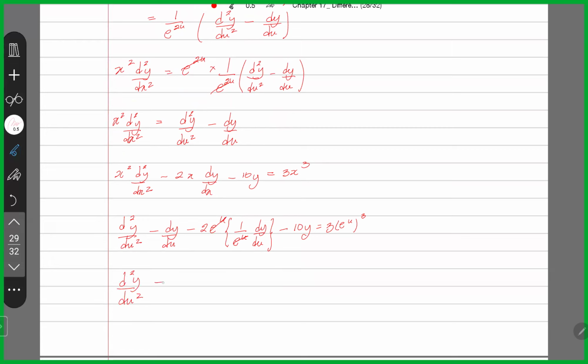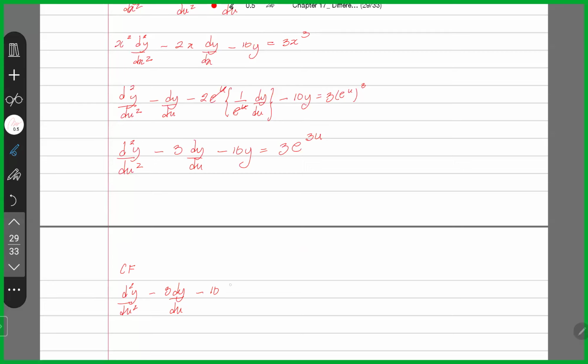All right, so now what we have is a non-homogeneous second order differential equation. To solve that, we have to first find the CF, which would be the solution of d2y by du squared minus 3 dy by du minus 10y is equal to 0.